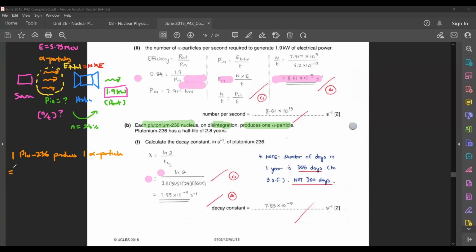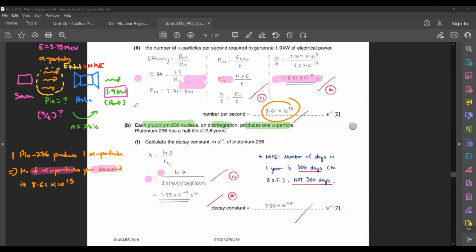Okay. So here, what was mentioned is that in this part, A part 2, your number of alpha particles per second is 8.61 times 10 power 15. Okay, this is the number of alpha particles per second.